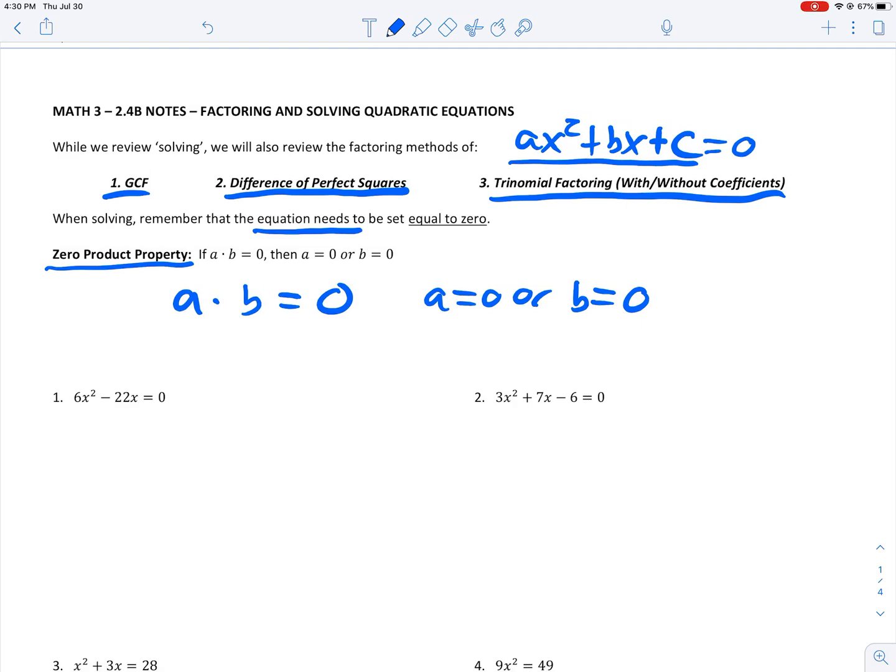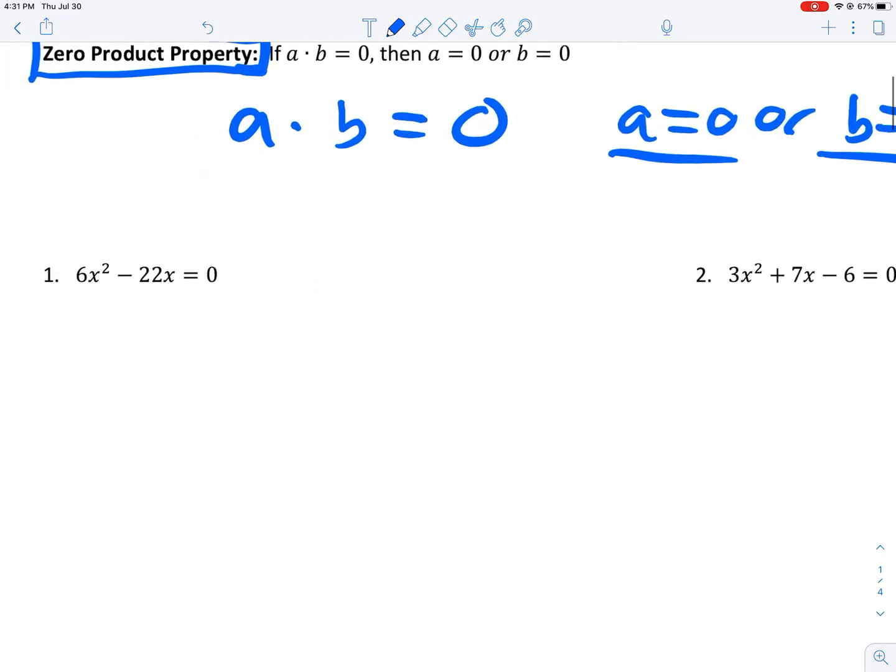One of them has to be 0. Do I know which one? No, I do not. One of them is 0, or maybe both. We're going to use the zero product property a lot to solve.